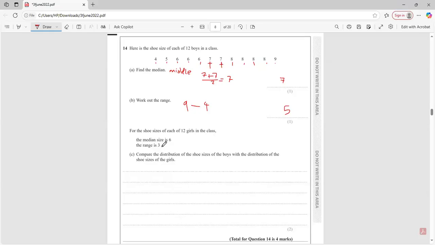Do you get where I'm coming from? Yes. Okay, so that tells us that possibly the girl with the biggest shoe size is not too much bigger than the one with the smallest, as compared to the boys. So yeah.